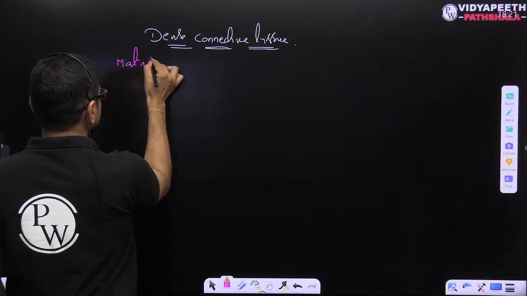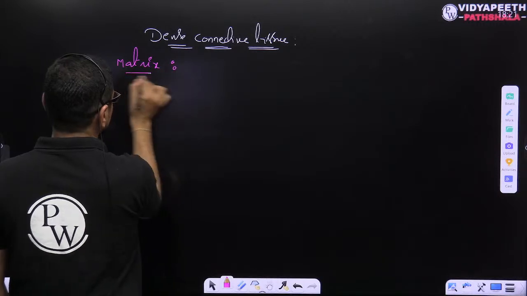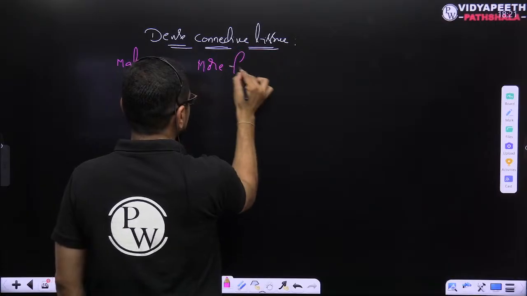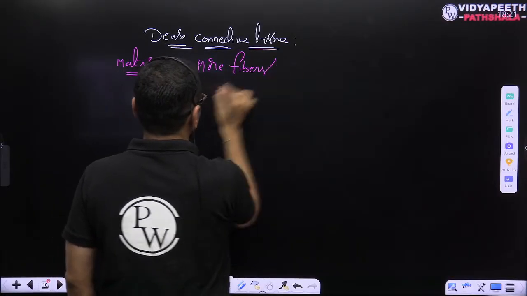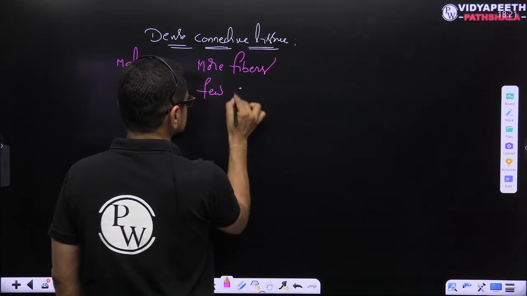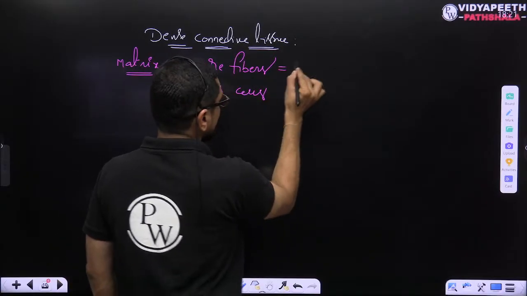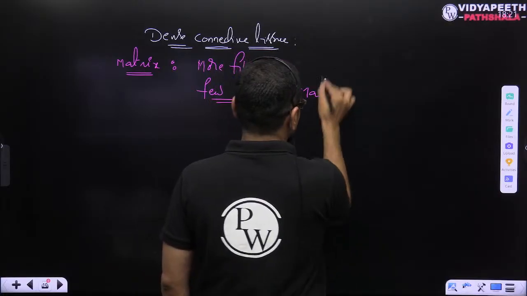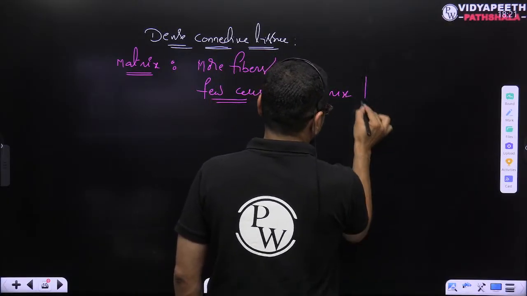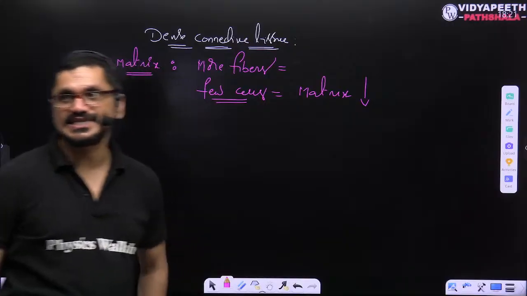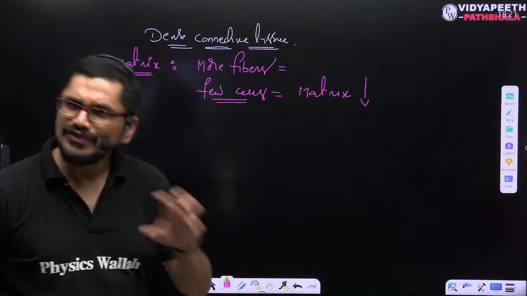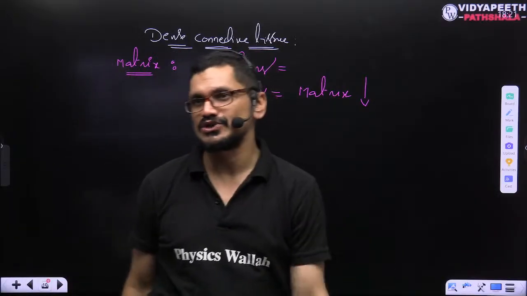The matrix in dense connective tissue contains more fibers but few cells are present. More fibers, few cells. Few cells means the matrix is very less. Arrow mark downward means less. Matrix is less in quantity. More fibers are present, few cells are present, and this is the dense connective tissue speciality.